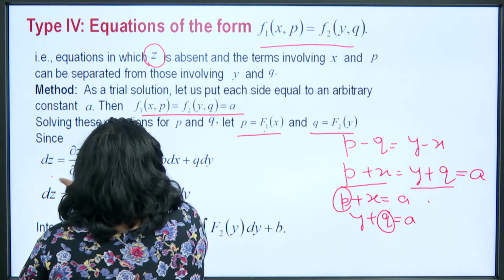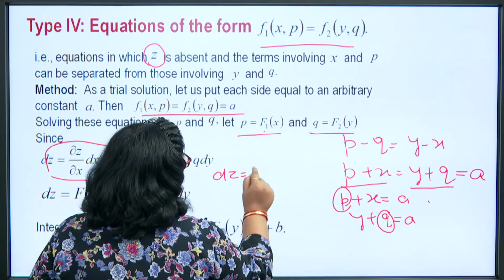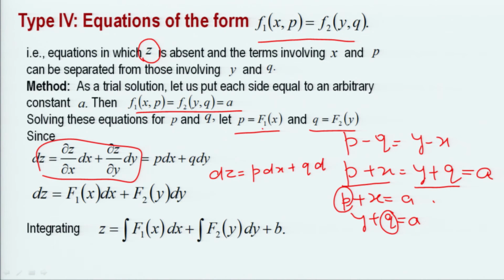We know the total derivative formula, dz is equal to p dx plus q dy. After knowing the values of p and q in terms of A, put them here, f1(x) and f2(y). Integrating this equation, we get the required solution.